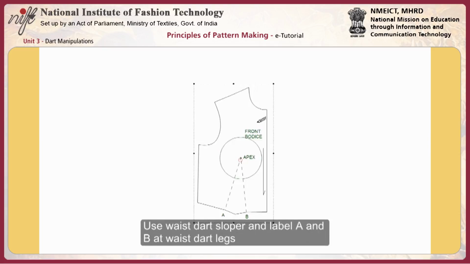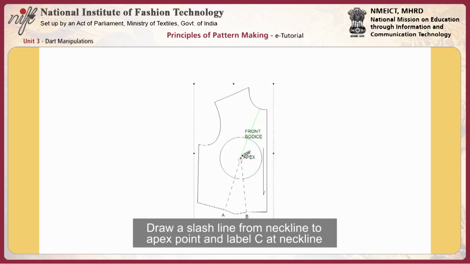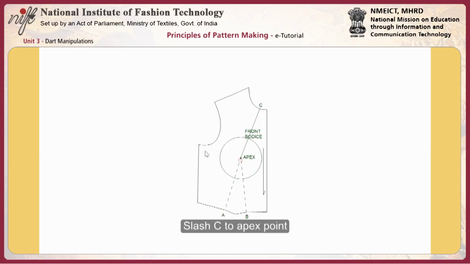Use waist dot sloper and label A and B at waist dot legs. Draw a slash line from neckline to apex point and label C at neckline. Slash C to apex point.